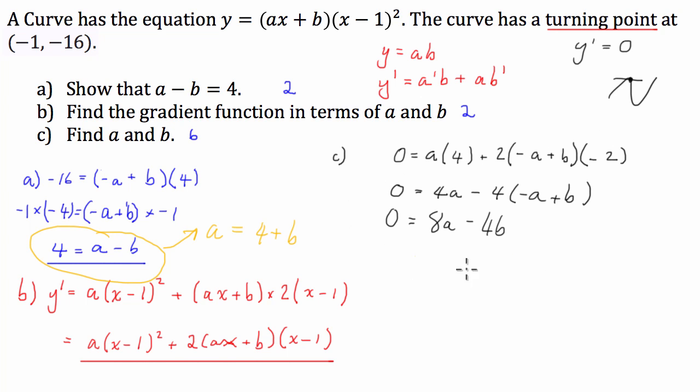So we can substitute that into this, and go 0 is equal to 8(4 plus b) minus 4b. So 0 is equal to 8 fours are 32, 8 times b is 8b.